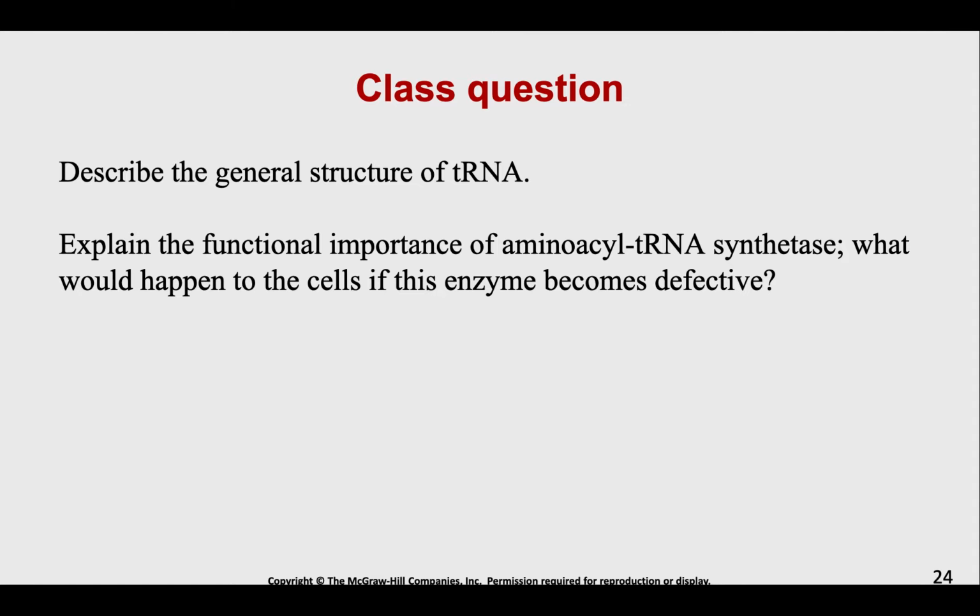We have 3 bases of RNA together that are complementary to a codon on the mRNA. So that is the anticodon. At the other end of this clover shape, we also have another structure. What would that be? Yeah, the attachment site for the amino acid on that 3' end. So that's where the amino acid is actually going to bind to the tRNA to make it a charged tRNA.